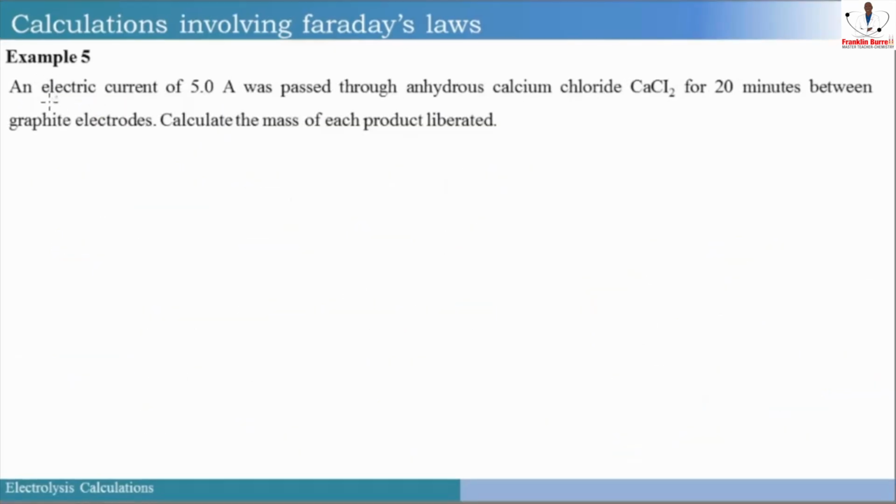Now in this example, it is saying here that an electric current of 5 amperes was passed through anhydrous calcium chloride. Very important. This word, anhydrous, means without water. So calcium chloride would contain only the ions Ca2+ and Cl-.